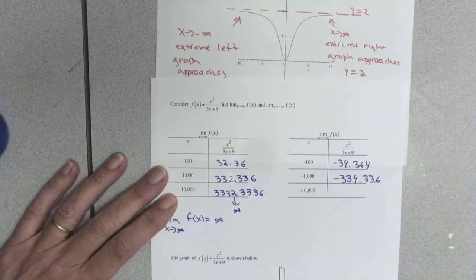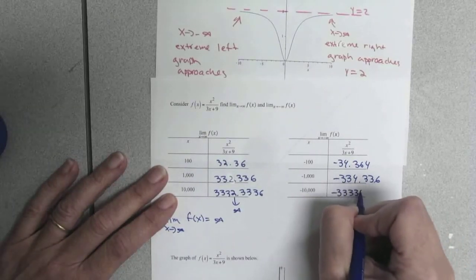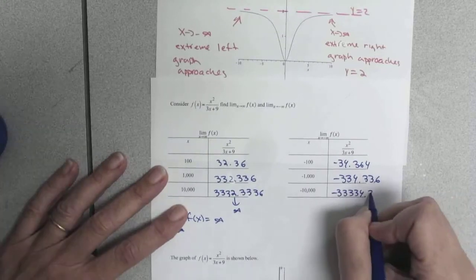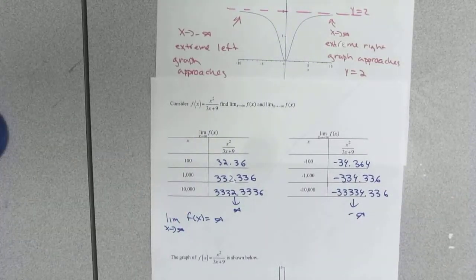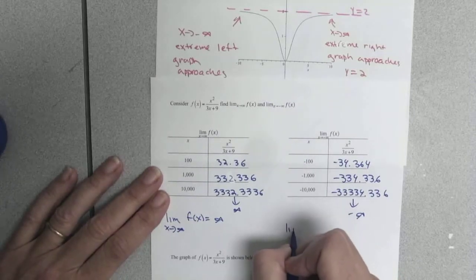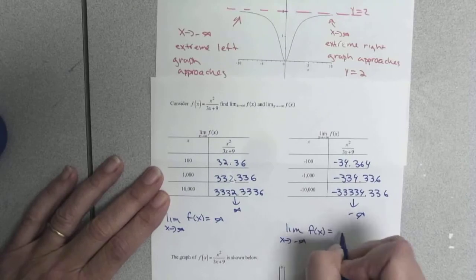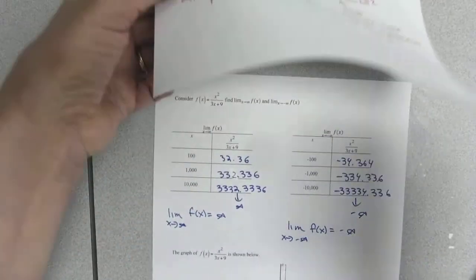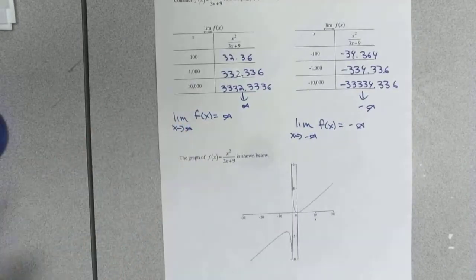And plugging in -10,000, we get -3,034.336. And again, we're not approaching a single fixed number, we keep getting smaller and smaller and smaller without bound. And so we would conclude from this chart that the limit as x approaches -infinity of f of x equals -infinity.